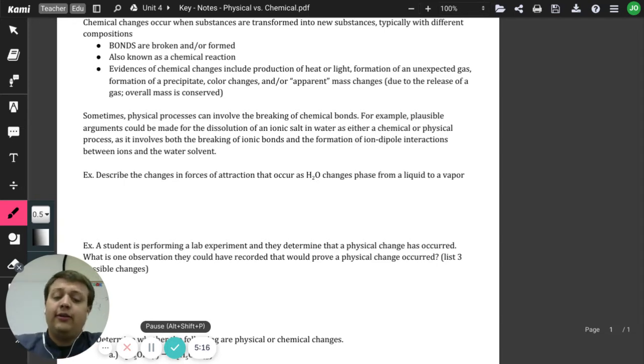So first off, it says, describe the changes in forces of attraction that occur as H2O changes phase from liquid to vapor. So they're essentially asking what happened with my intermolecular forces when we go from a liquid to a gas. Okay?